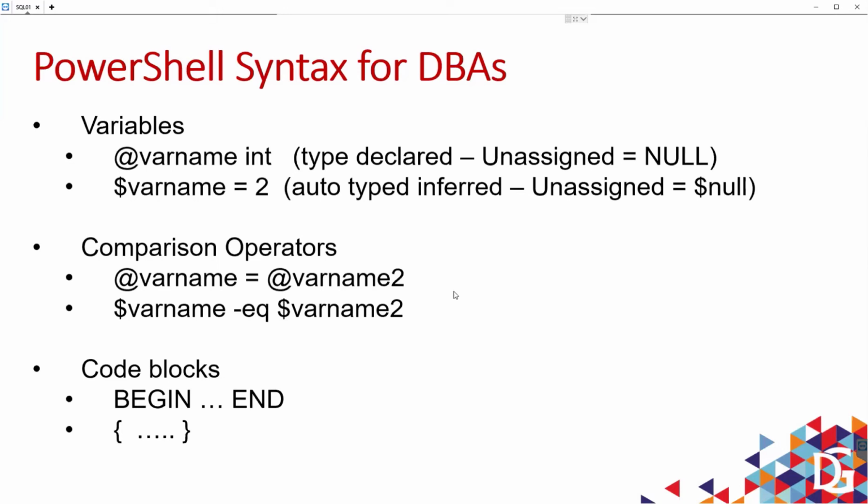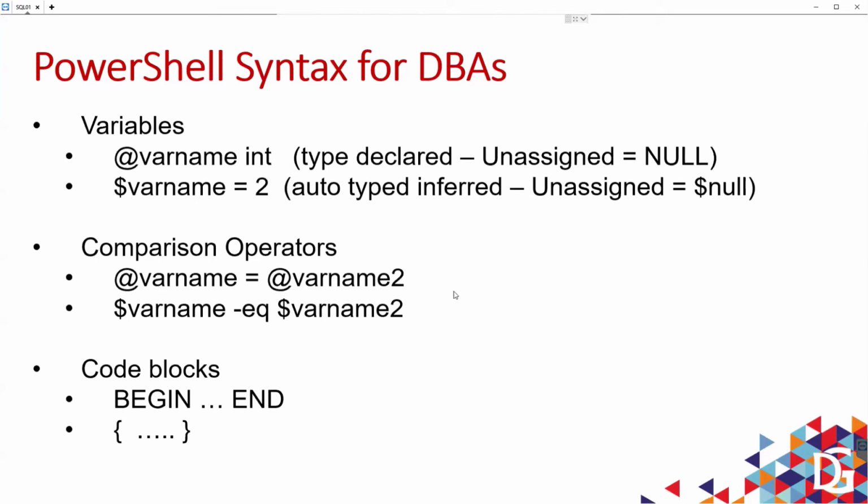Comparison operators, we're used to the @varname equals @varname2. That says, am I equal? And you either get a true or false. In PowerShell, you still do use the $varname, but the equal sign is an assignment statement in PowerShell. The comparison operator is actually -eq for equals, right? It's a very short syntax.